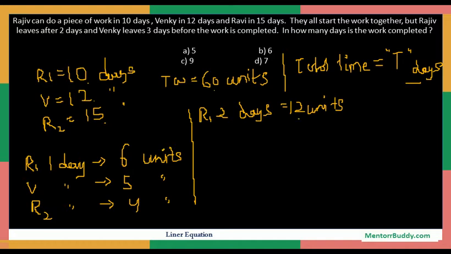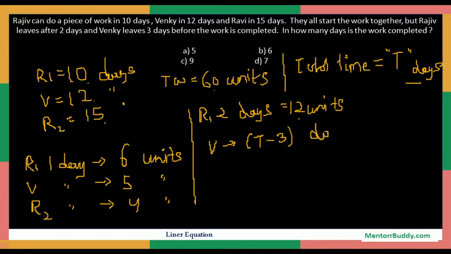And then it says Venki leaves 3 days before the work is completed. So if the total time they worked is T days, and Venki left 3 days before the completion, then Venki definitely must have worked for T minus 3 days, right?